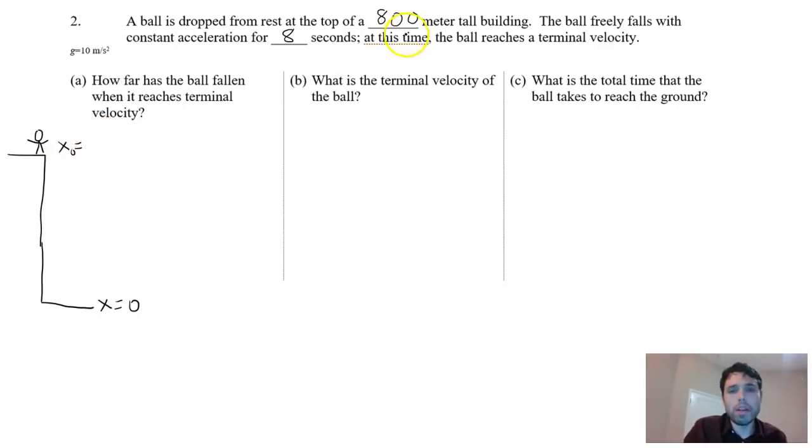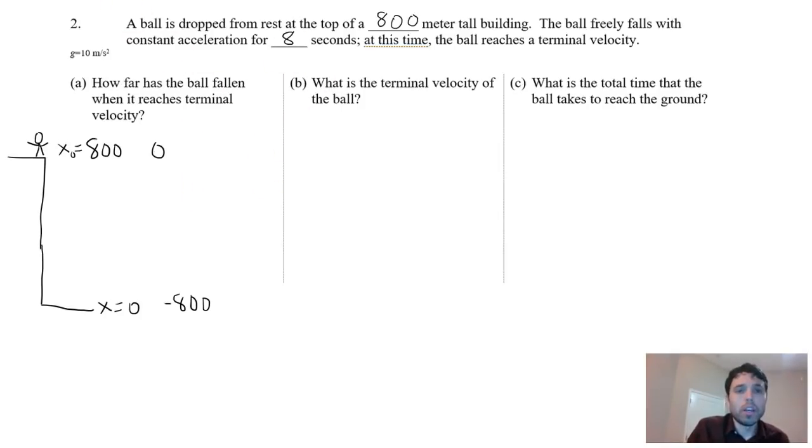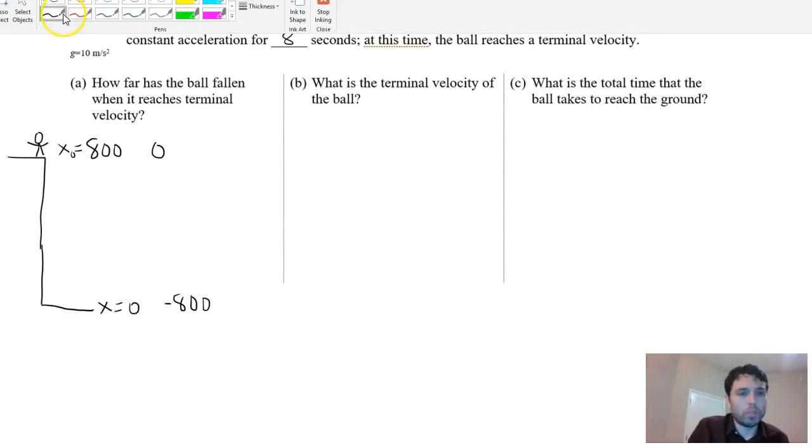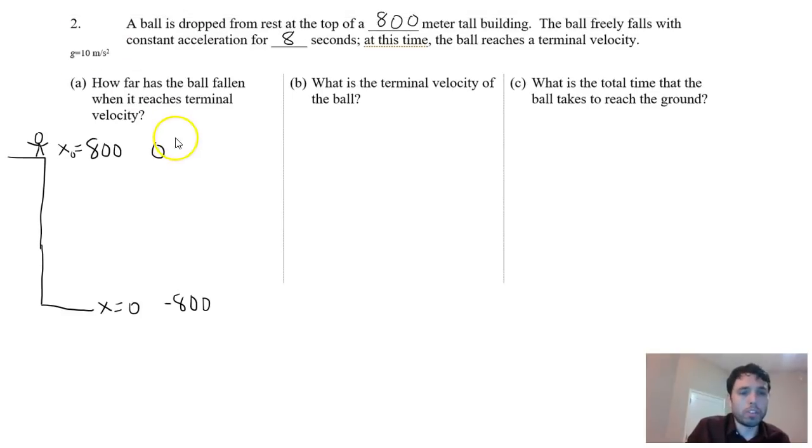In this case, I'm 800 meters off the ground, an 800-meter tall building, so call that 800. The other option is to call this 0 and call this negative 800, because it's 800 meters below that point. I don't like that as much. I like to keep the ground as my 0 point, but you could do it either way. It won't make a difference in the answer. You get the same answer regardless, but you do have that option.